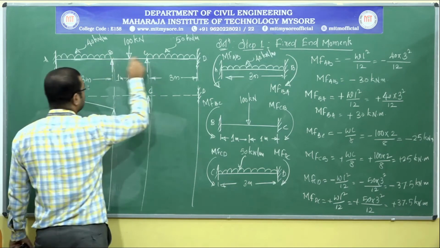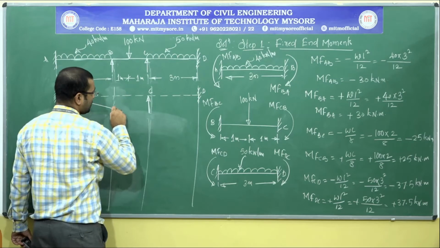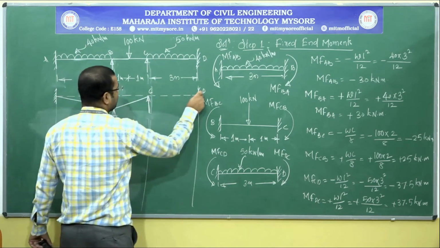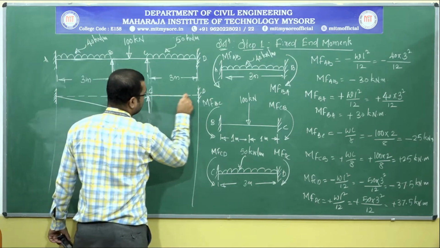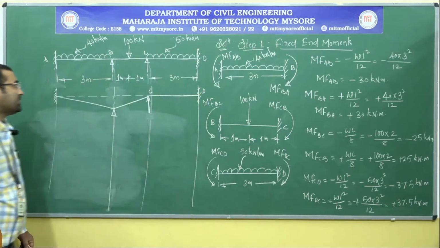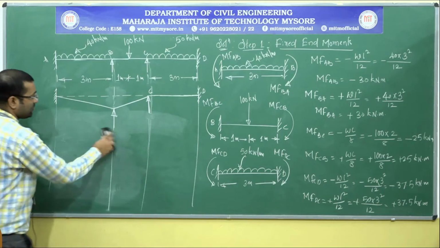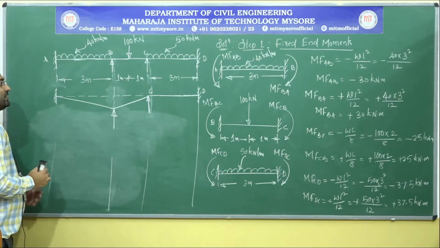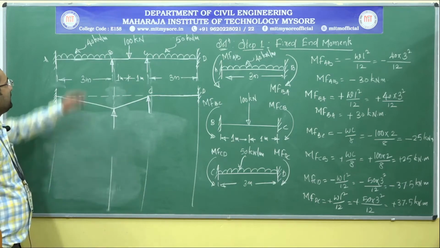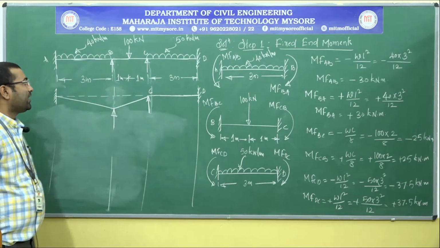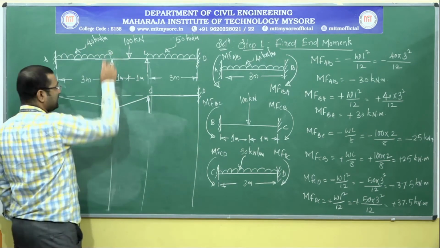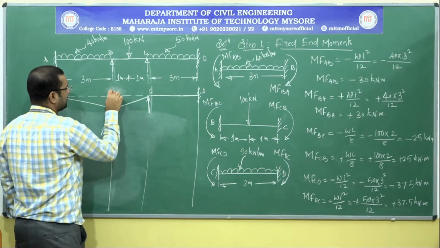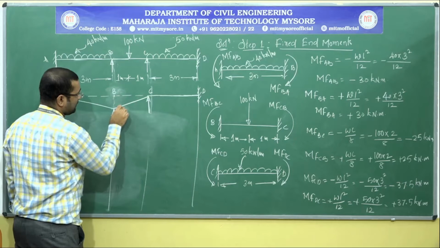Okay. And similarly the span BC has changed its position something like this. Whereas span CD remains intact, so it will remain in the original position. So there is no effect of sinking on the span CD. Only the spans AB and BC are affected by the sinking of the support B. So let us say this is B, and let us call this B dash.